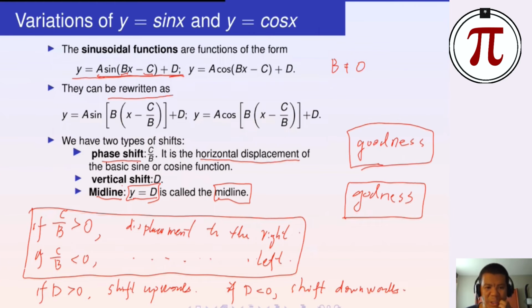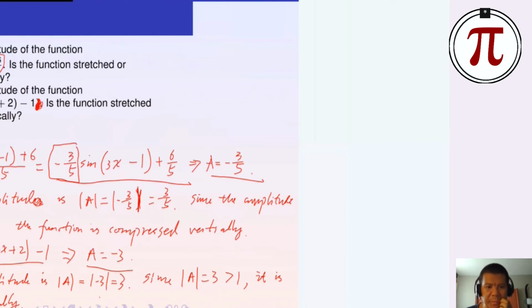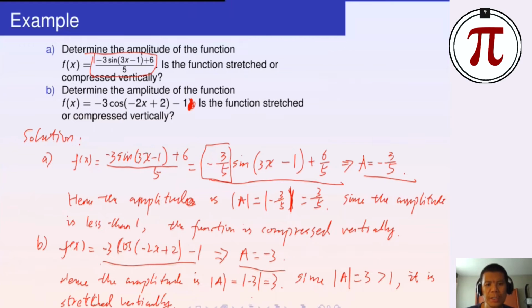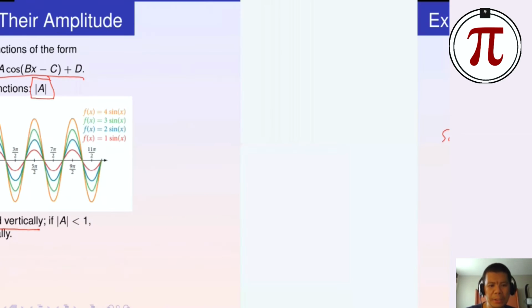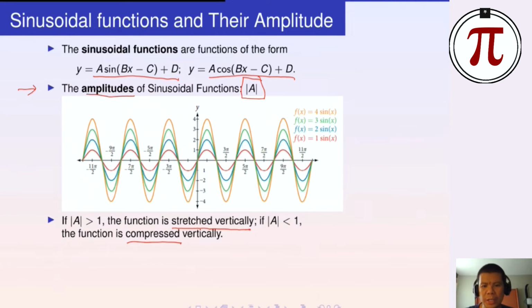When we talked about the amplitude, especially in this one, as you can see, now y equals sine of x. The amplitude is the red curve, from -1 to 1.